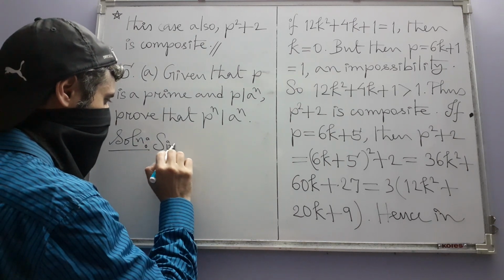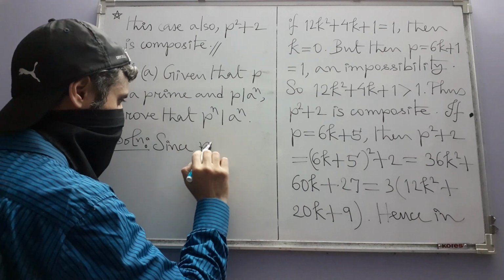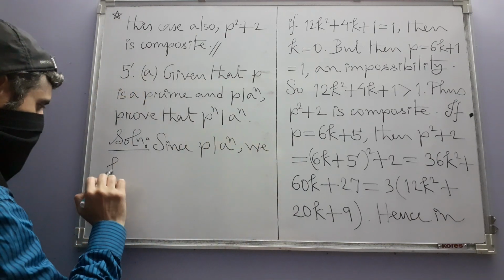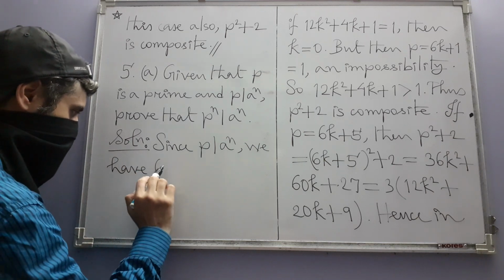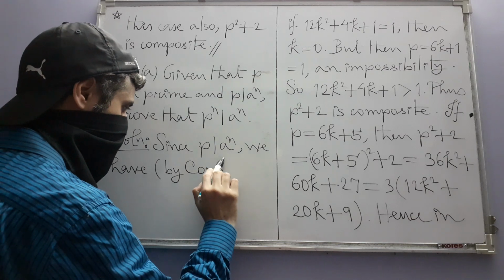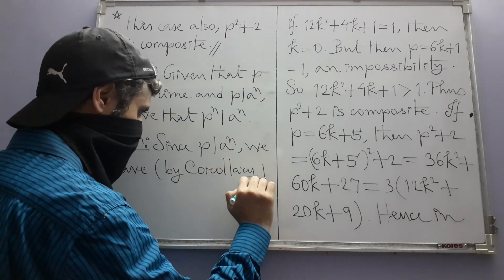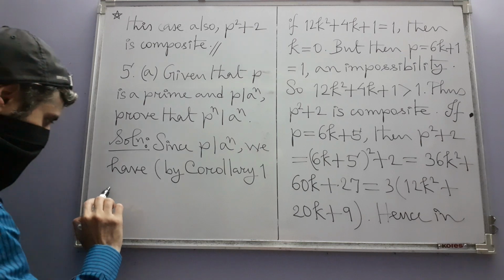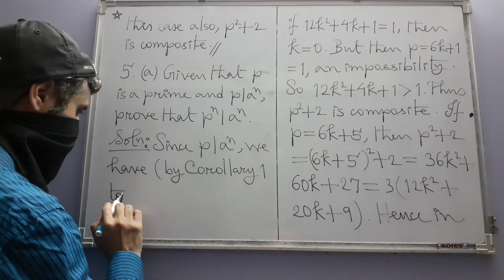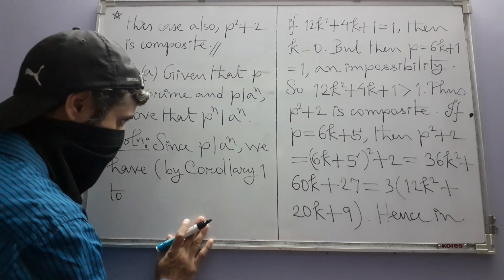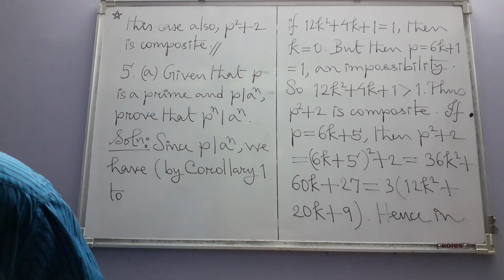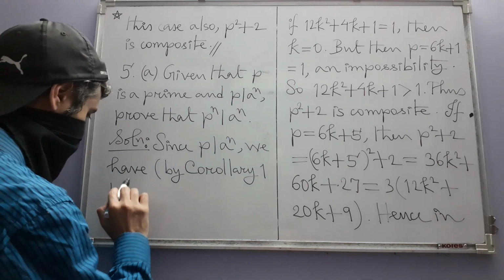Since p divides a to the power n, we have, by that first corollary to our fundamental theorem of arithmetic, well, not the fundamental theorem, but that other result, theorem 3.1.